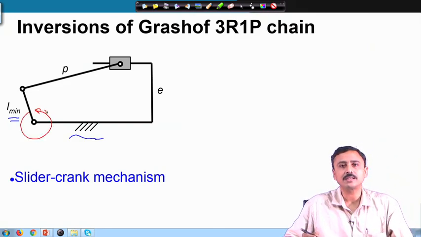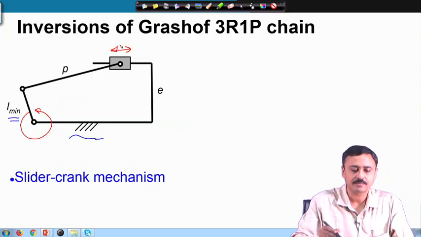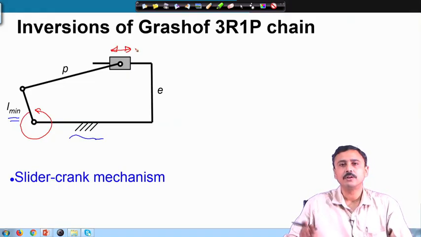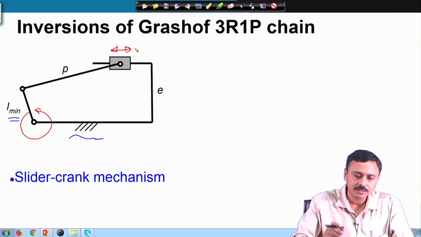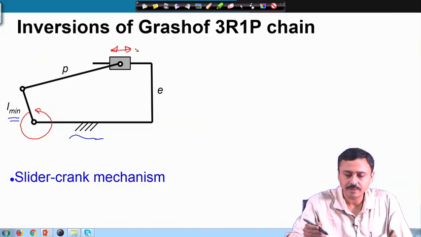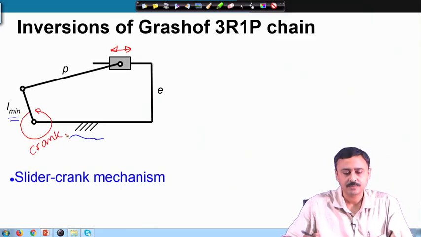This is known as a slider crank mechanism. This slider can rock or move between two limits. This is called a slider crank mechanism. So, this is our crank, L min is the crank.